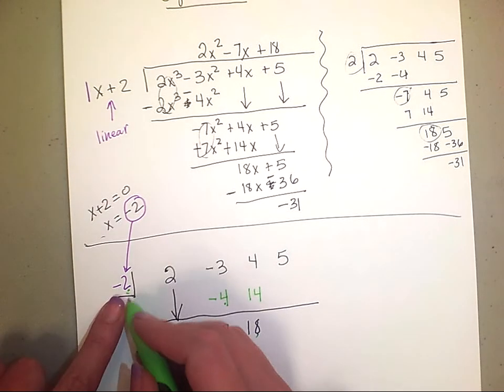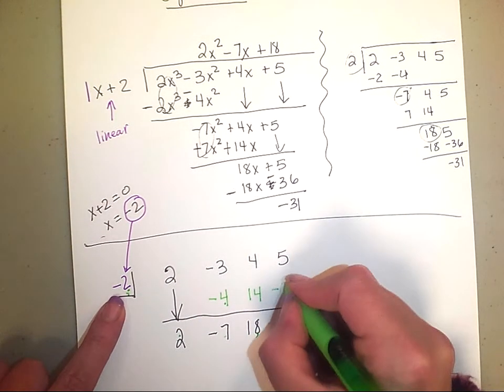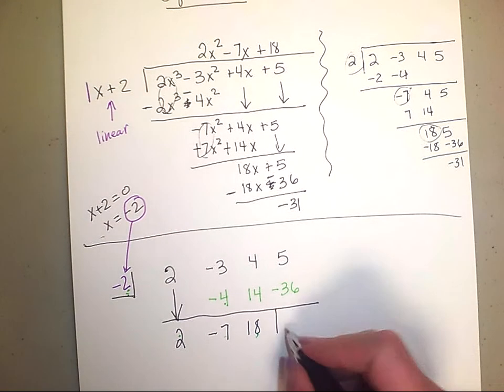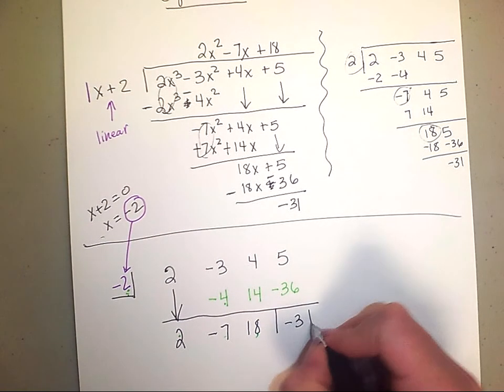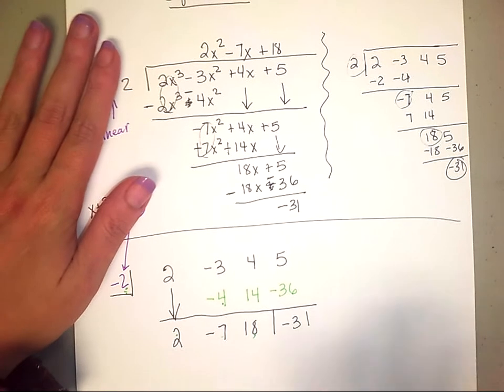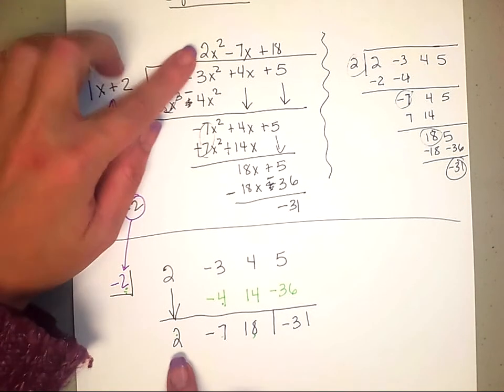Then 18 times negative 2 is minus 36, and when you add, I always draw a little box here, you get minus 31, which is what we have there. So we've performed the algorithm, and now notice what we have.